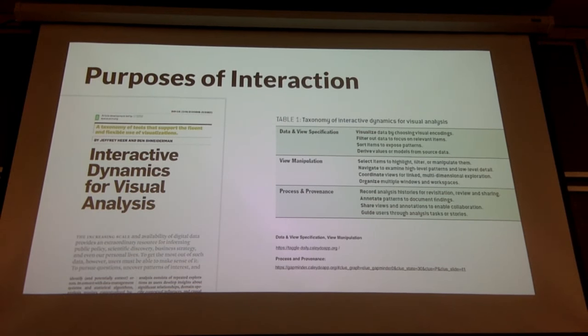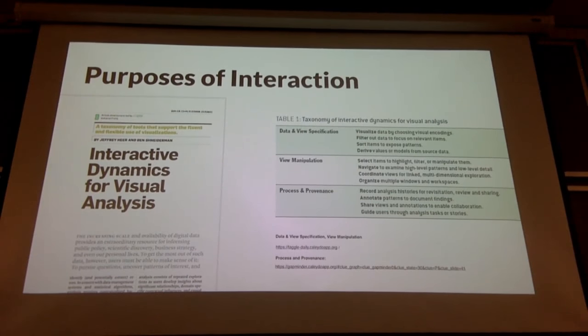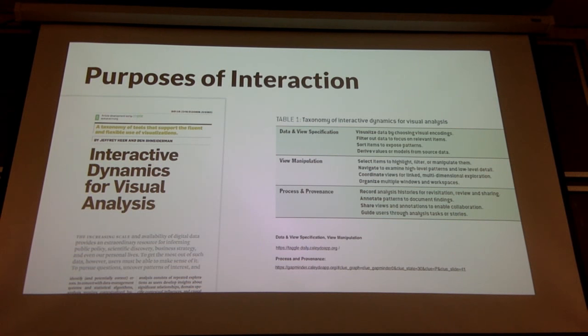View manipulation includes selection. I think that's rather intuitive, so let's skip over that. Navigation, I think also fairly intuitive. What is view coordination? Talked about it earlier today, but having multiple views coordinated such that when you change the slider or run a bubble, it impacts the coordinated view. Exactly.